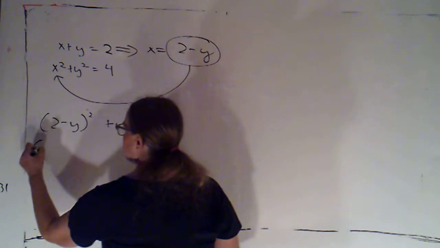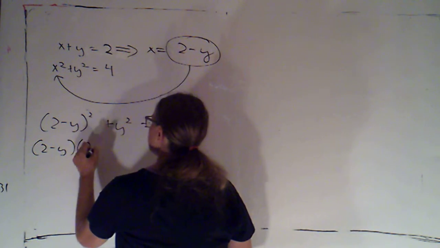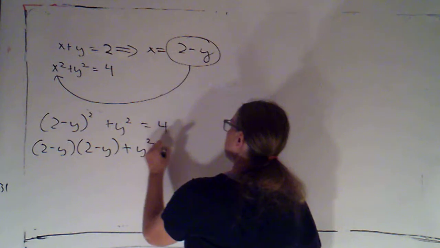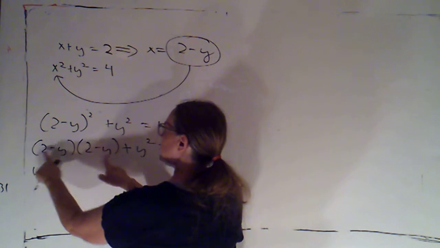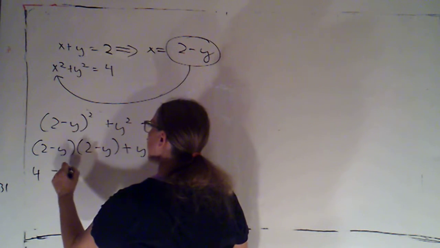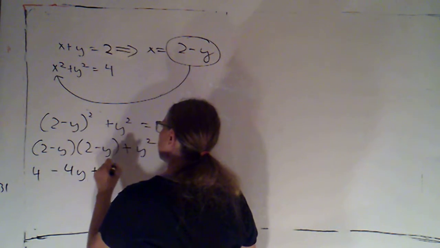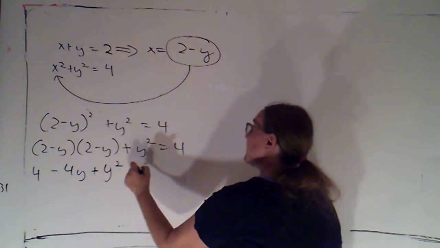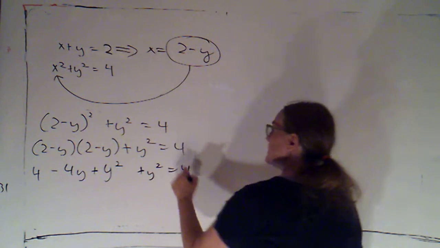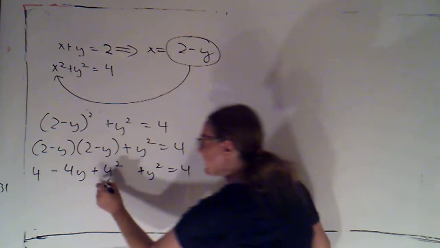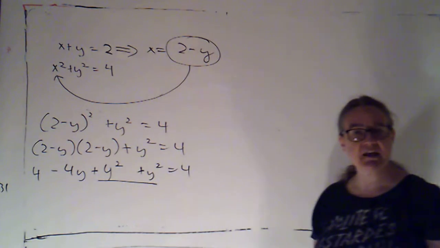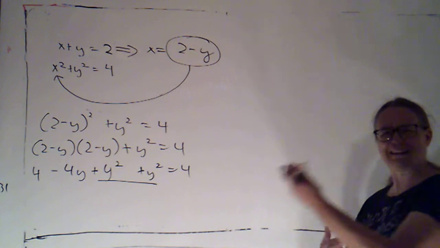So I'm going to FOIL this out. So 2 minus y times 2 minus y plus y squared equals 4. That's going to be 4 minus 2y minus another 2y is minus 4y plus y squared. And then plus y squared is equal to 4. Now, on the left-hand side, I'm going to consolidate my like terms and also just write this in descending order.